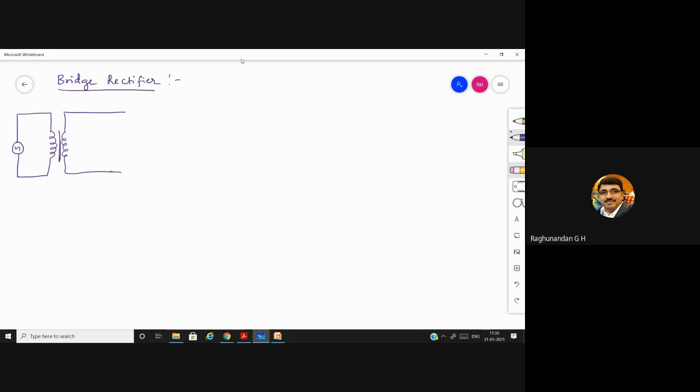After that, the diodes are connected in bridge fashion, as you have already studied the Wheatstone bridge in your class 12 or second PU. The same way here we connect the diodes in a bridge fashion. Since the diodes are connected in a bridge fashion, we call it a bridge rectifier. So the diodes will be connected like this.